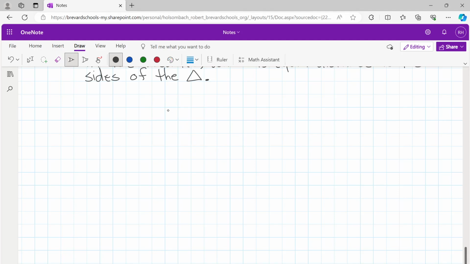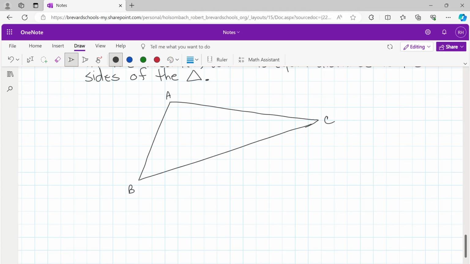But if you've got a triangle ABC, and we're going to eyeball, roughly predict an angle bisector coming out of A, and we're going to take it to about here.